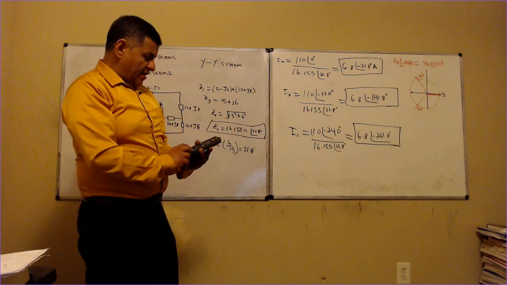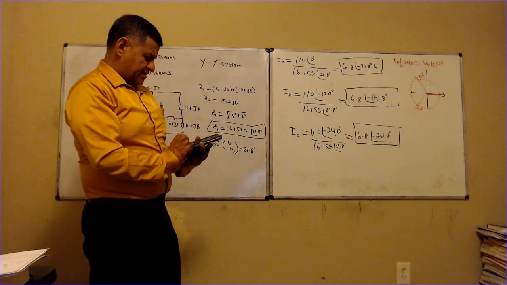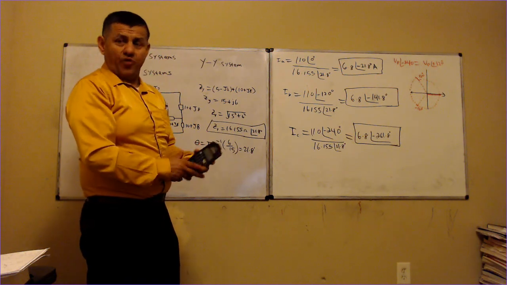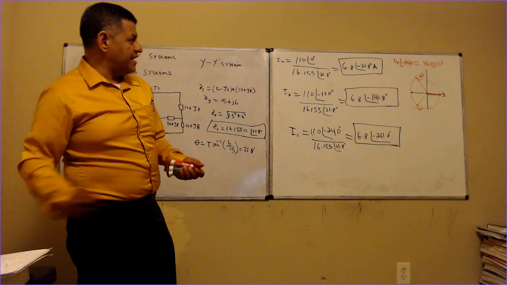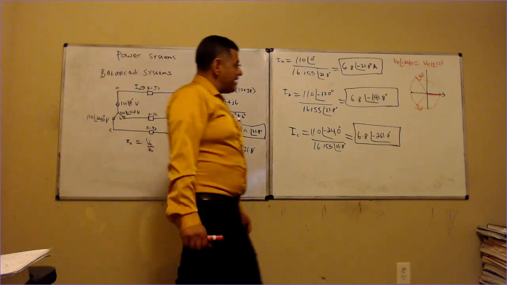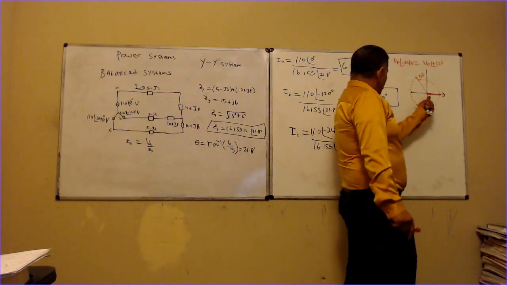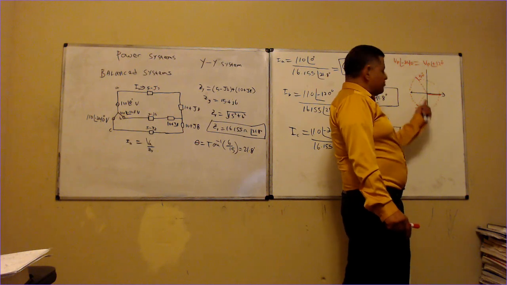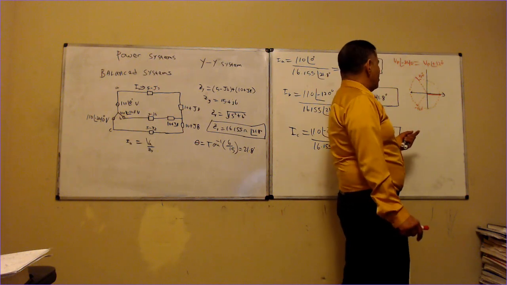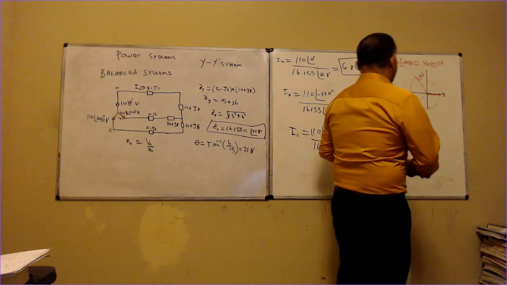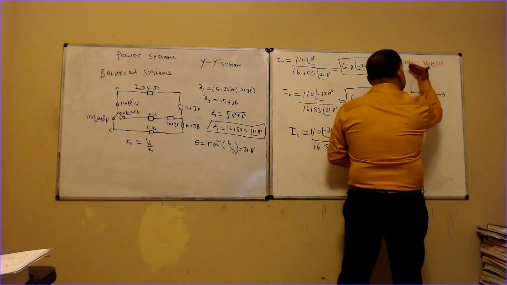The cosine of 120 degrees is negative 0.5, right? Negative 0.5. And also, the cosine of negative 240 is also negative 0.5. Why? Because I am still in the same quadrant.